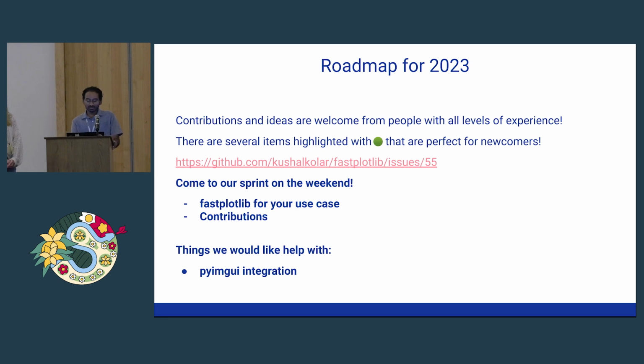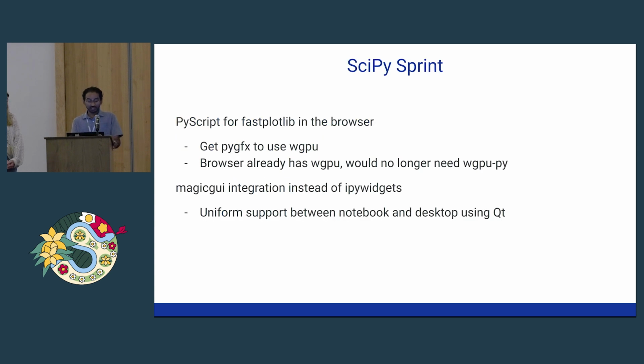And there are a couple of particular things that we would be interested in, which if anyone here is experienced with, would be great. And yeah, that's basically it. Any questions?